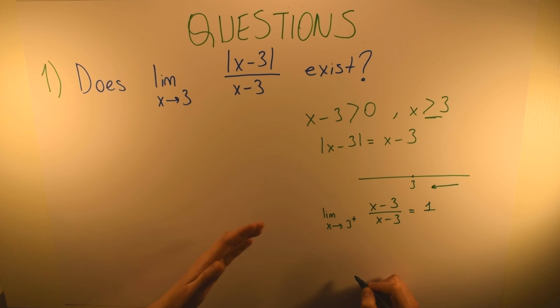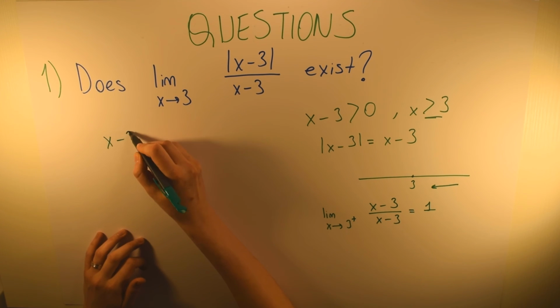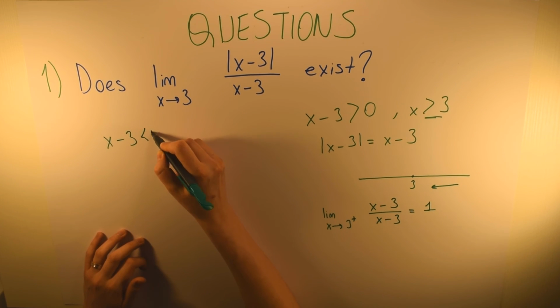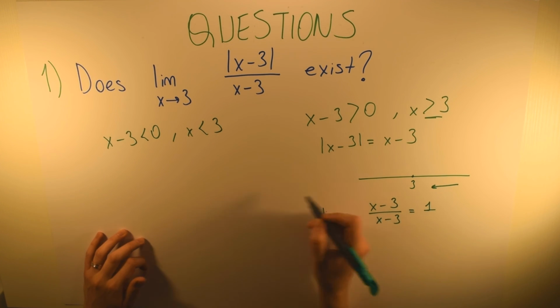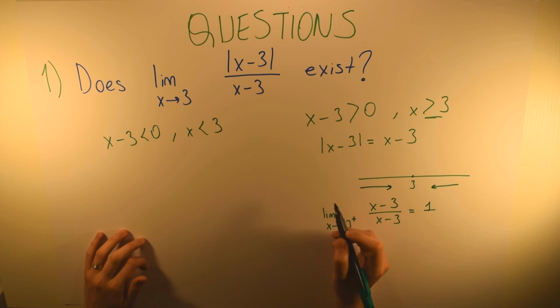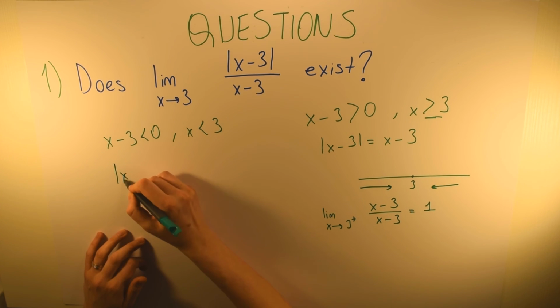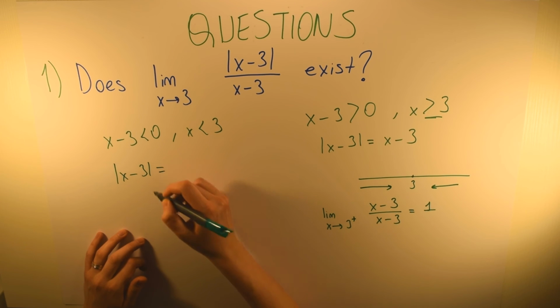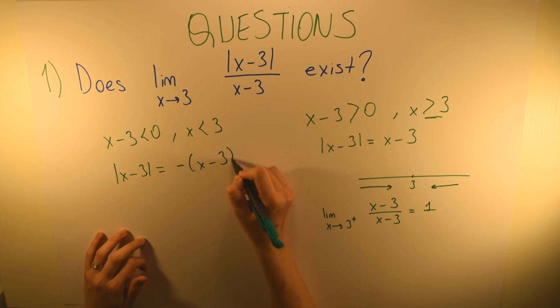Now let's look at the left-hand limit. When x minus 3 is less than 0, which means x is less than 3, we get closer to 3 from the left side, so the absolute value goes out as minus (x minus 3).